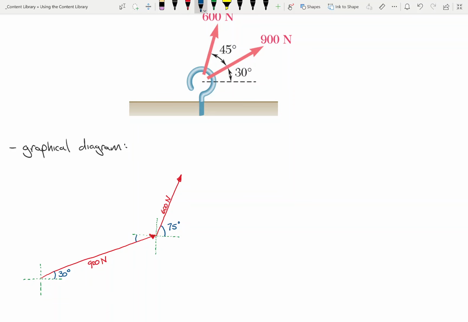Parallel lines cut by a transversal, right? Because I have a line and a diagonal, so if this is 30 degrees, that's 30 degrees. Remember that?